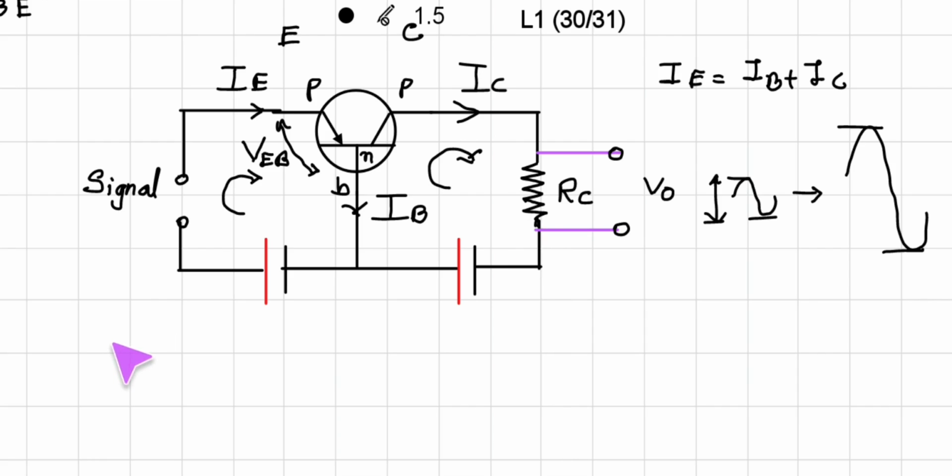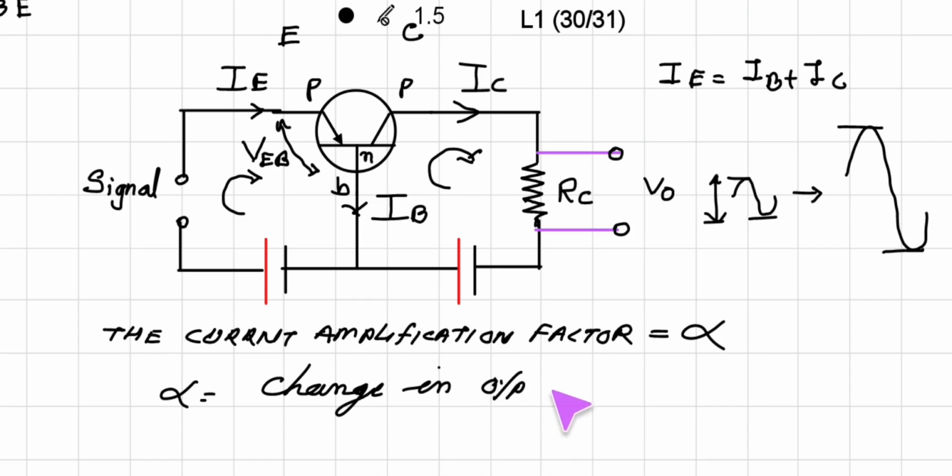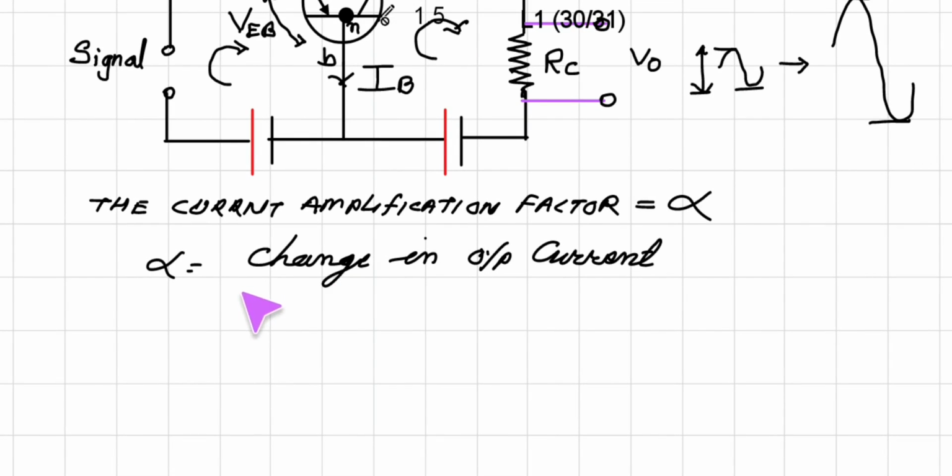The current amplification factor is denoted by alpha, and remember that this alpha is nothing but the change in output current to the change in input current.